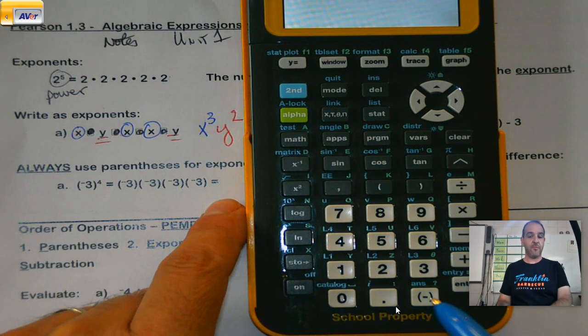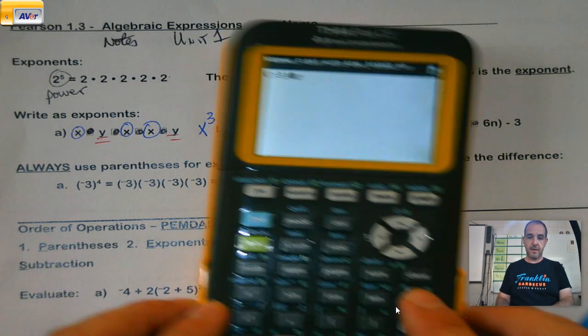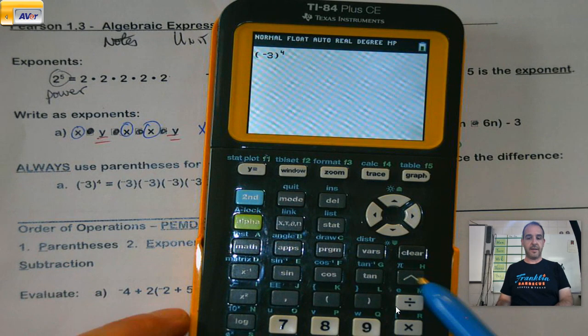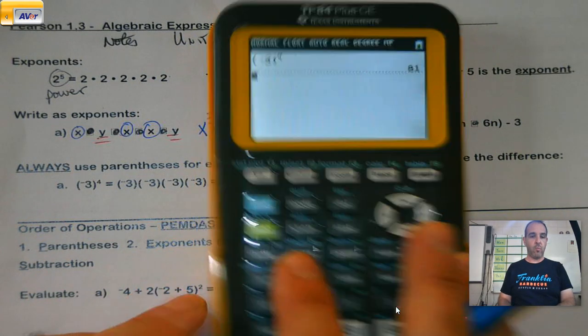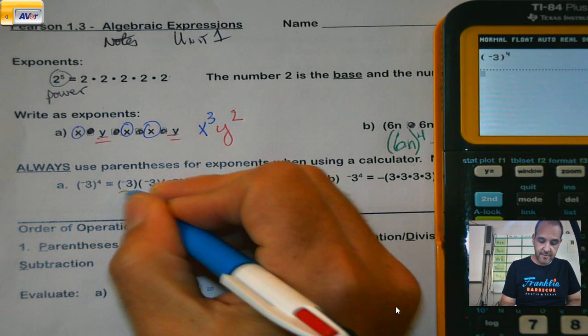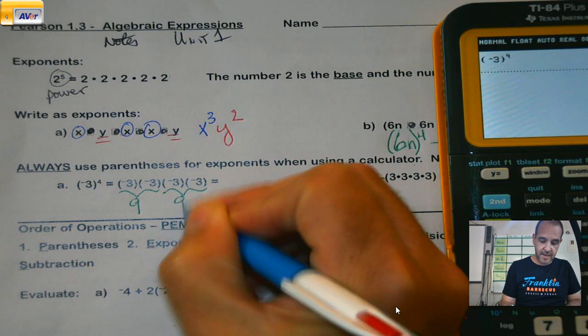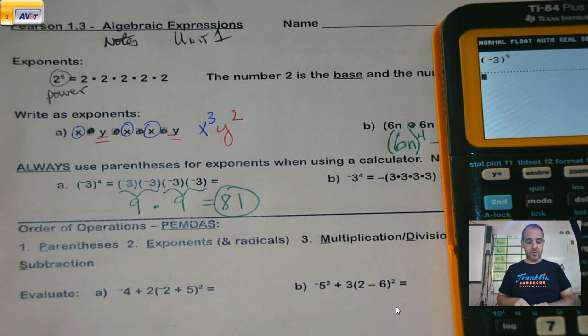So when you want it to be negative, we want to make sure we're using this button. Negative 3 to the 4th, because there is my caret button. That's my exponent button on these. And I get 81. Well, why? Because negative times negative is positive, and I can get that same answer either way.